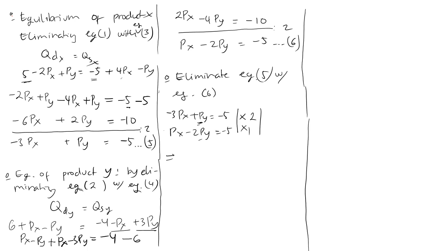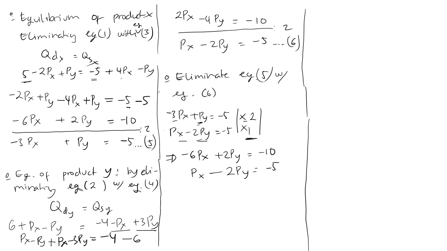So then it becomes minus 3 times 2 is minus 6Px plus Py times 2 is 2Py, equal with minus 5 times 2, minus 10. And this will stay the same because Px times 1 is still Px, minus 2Py times 1 is minus 2Py, and that is still minus 5.